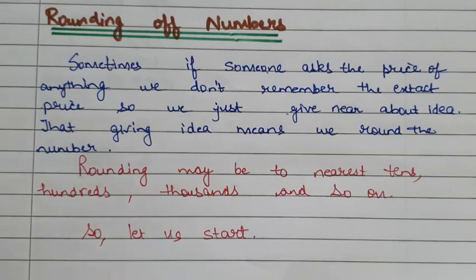Means we are not sure about the actual cost of that thing, so we just give a rough idea. This idea means we round the number. Now rounding may be to the nearest tens, hundreds, thousands and so on.